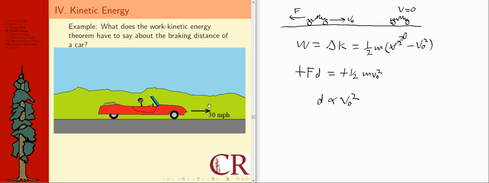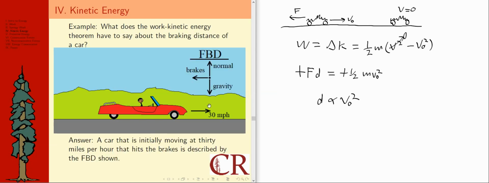Let's see how that plays out in a series of slides in the answer here. It says a car that is initially moving at 30 miles per hour that hits the brake is described by the FBD shown. That's in a little bit more detail than I had. I ignored the gravity and the normal force because they're not the ones doing work to put into the work kinetic energy theorem, but that's okay.